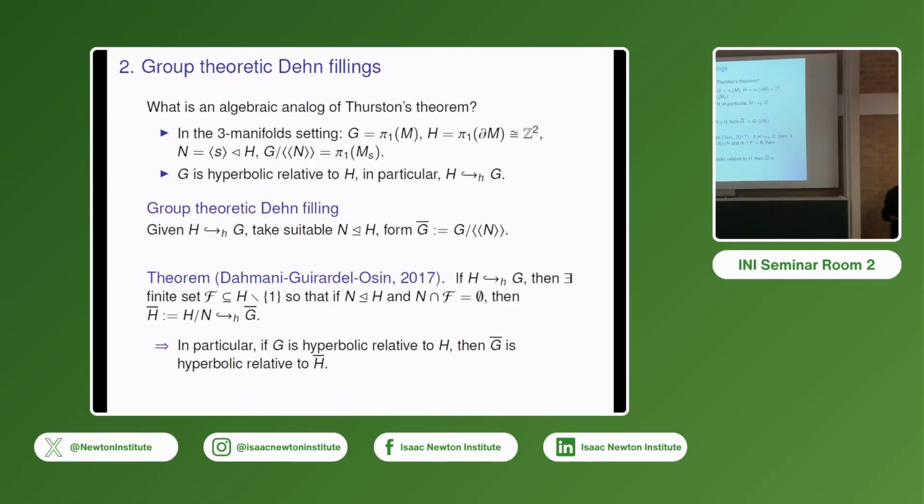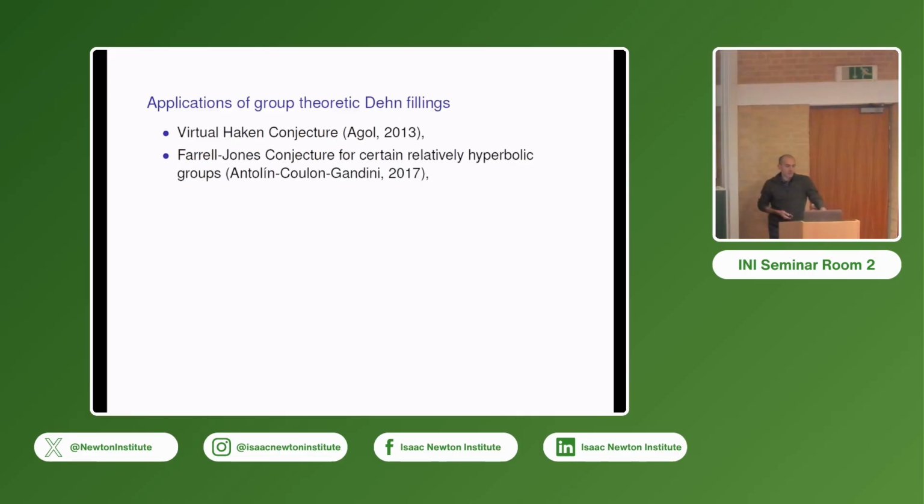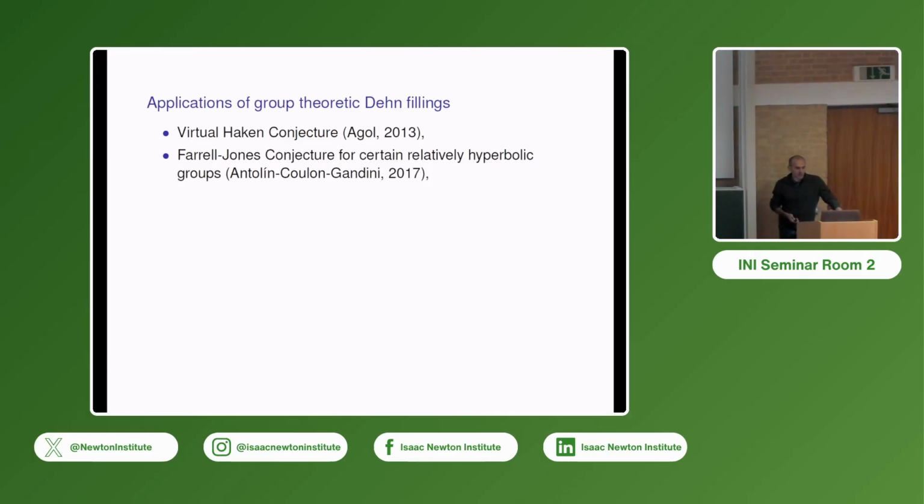Okay, so why is that interesting? Well, this has many applications. I'll mention some, and this is not an exhaustive list by any means. The proof of the virtual Haken conjecture by Agol uses Dehn fillings. There's a theorem of Antolín, Coulon, and Gandini, which proves the Farrell-Jones conjecture for certain relatively hyperbolic groups where the peripherals are residually finite with extra conditions; that uses Dehn fillings.